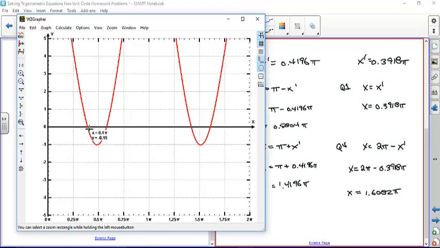The first one should be 0.392. 0.39 pi, there we go. The second one should be 0.5958. You can see it's 0.58 pi. That's the second quadrant solution right there. The third quadrant solution is 1.42. That's that one. And the fourth quadrant solution is 1.61, which is that solution.